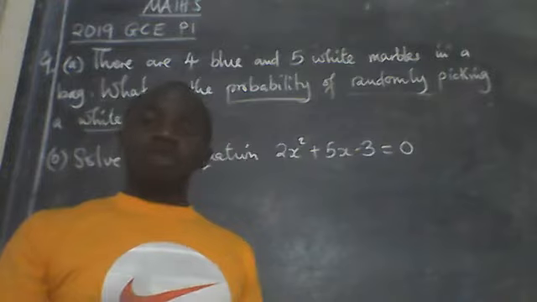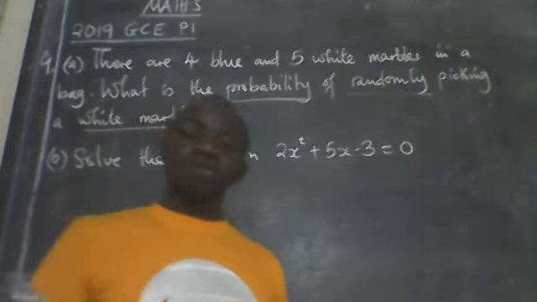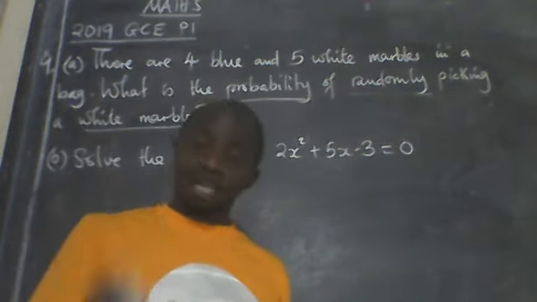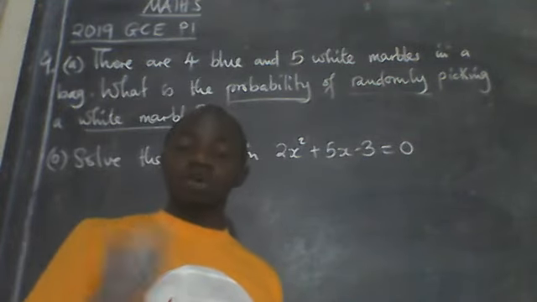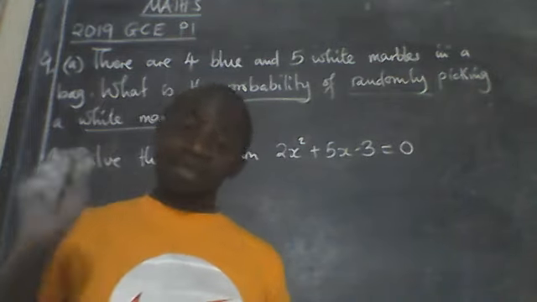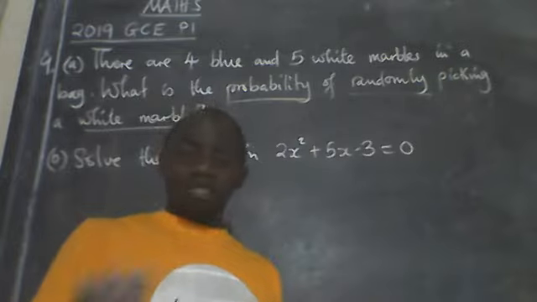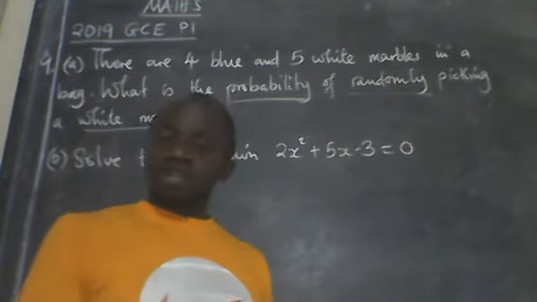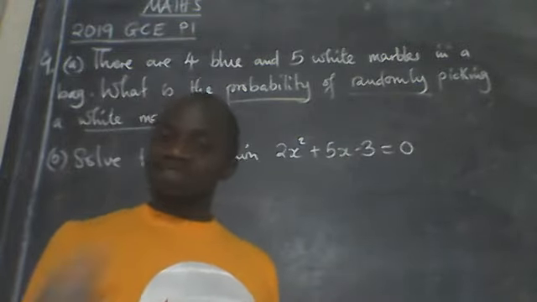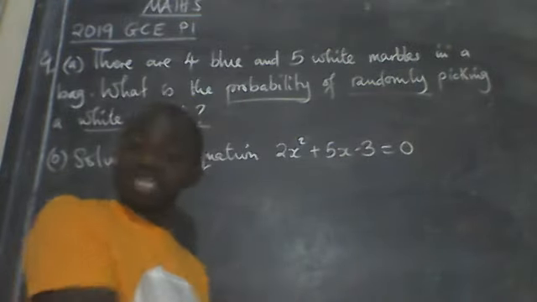The quadratic formula is the one that comes in paper 2, whereby you cannot factorize the equation, you only need to use the quadratic formula. That's why they give that formula. Okay, if you are not conversant with factorization or completing the square, there is no problem. You can still use the quadratic formula here.